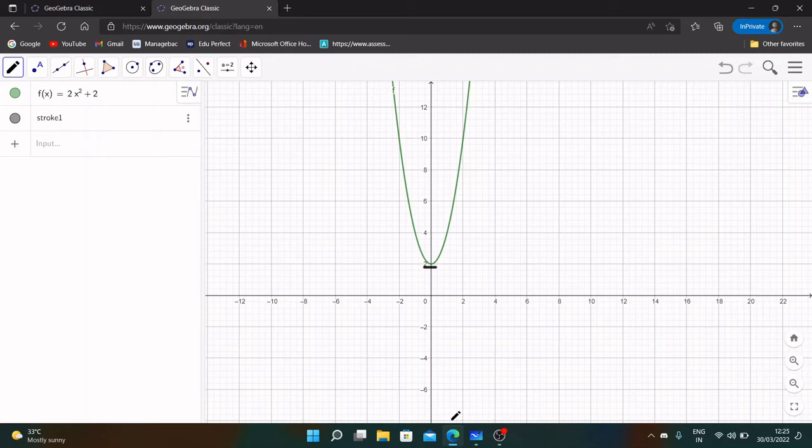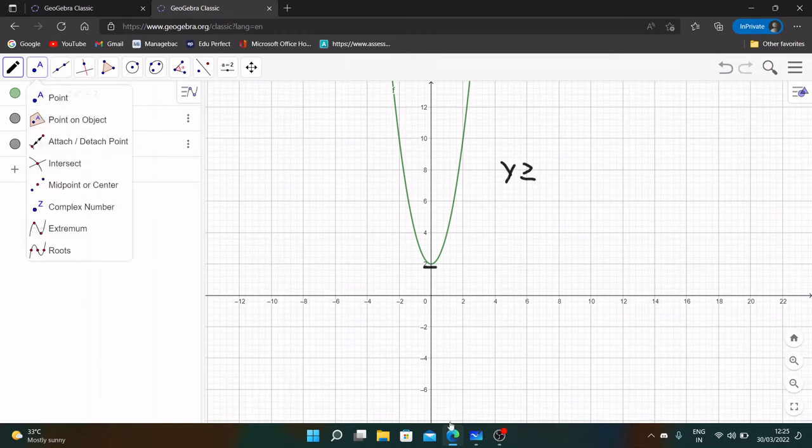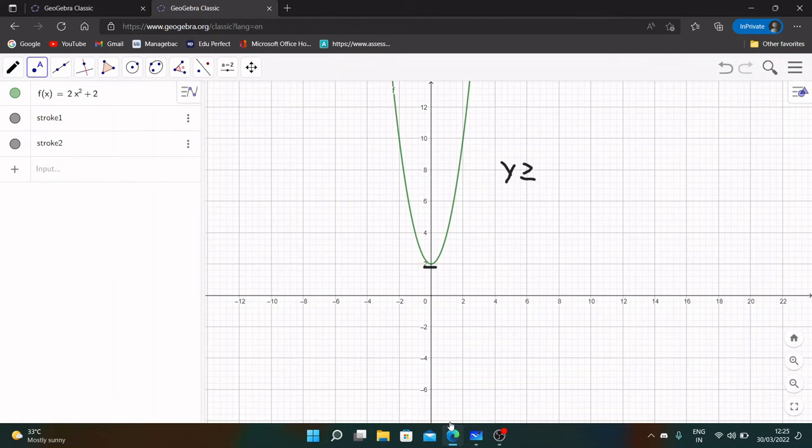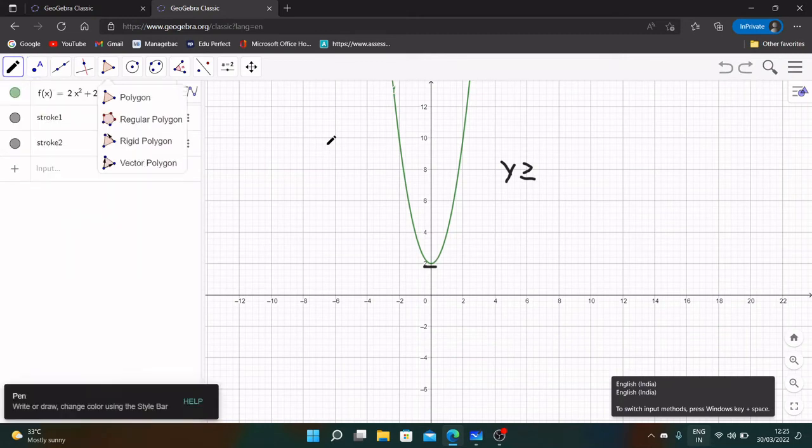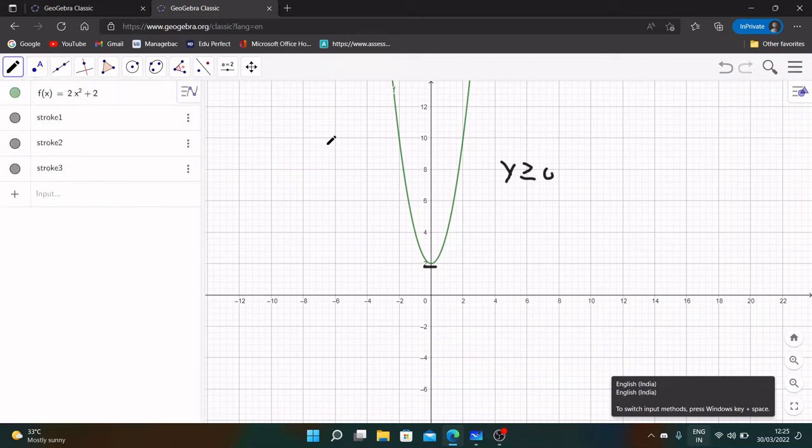So, the range will be y greater than or equal to the y coordinate of the vertex. We'll find that would just be (0, 2). So y greater than or equal to 2.